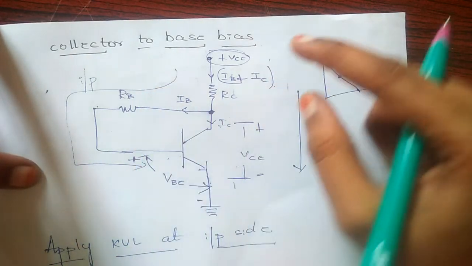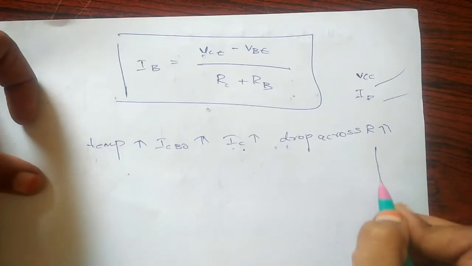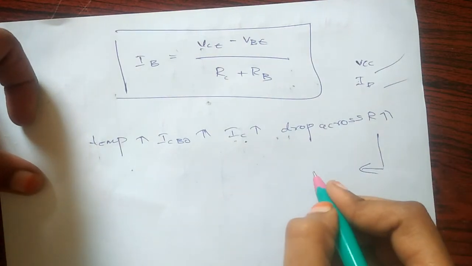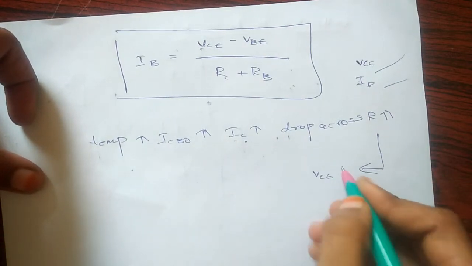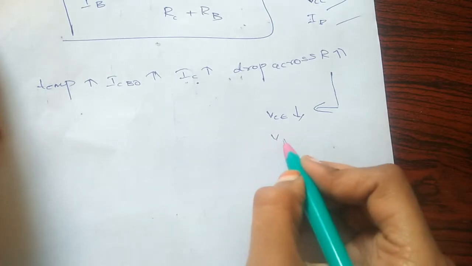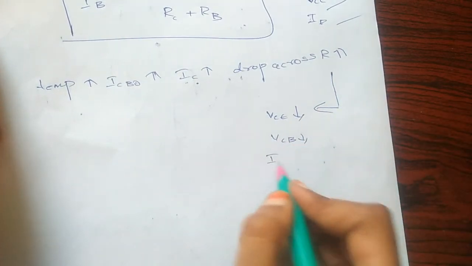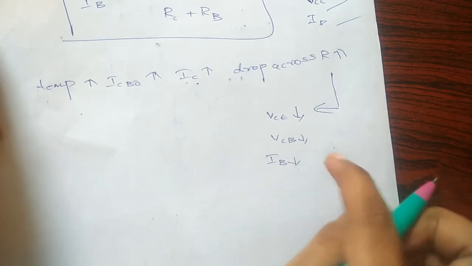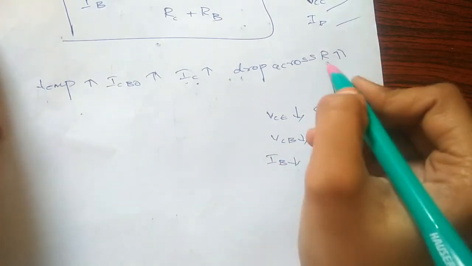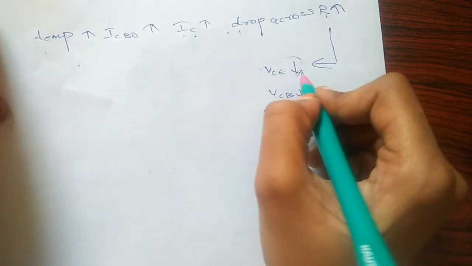Why is IB decreasing? As the drop across RC is increasing, VCE is decreasing. As VCE is decreasing, VCB is decreasing, so IB is decreasing.